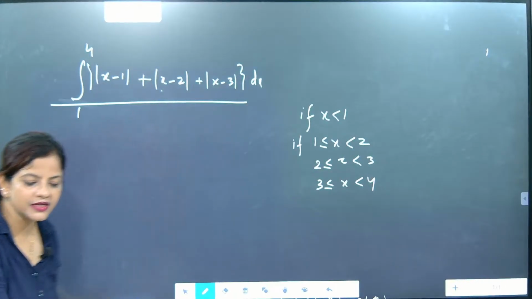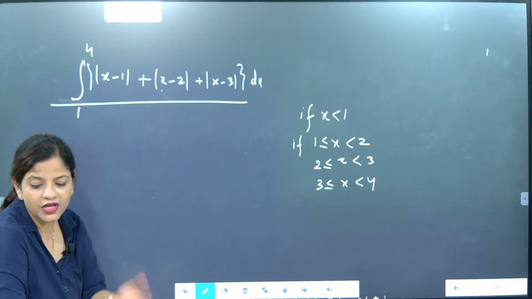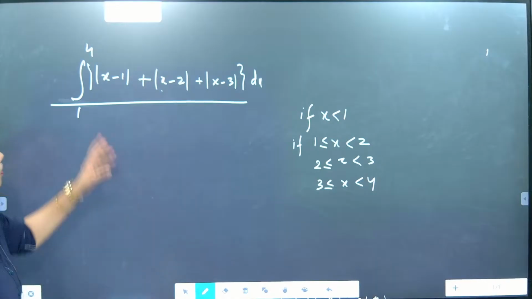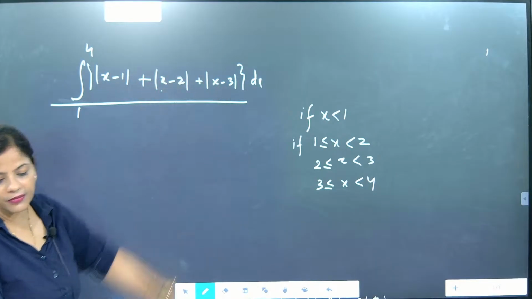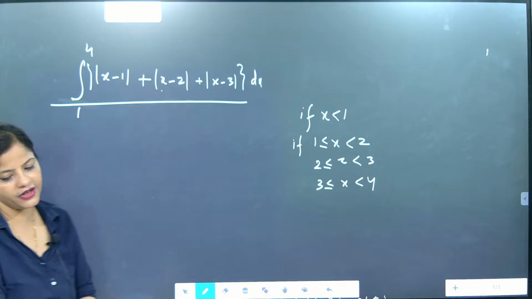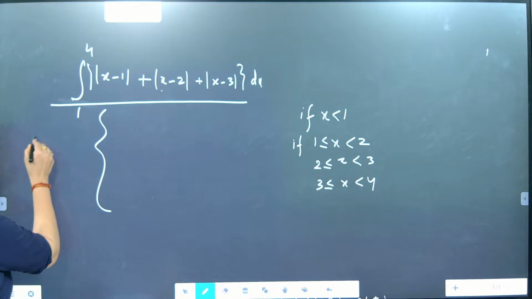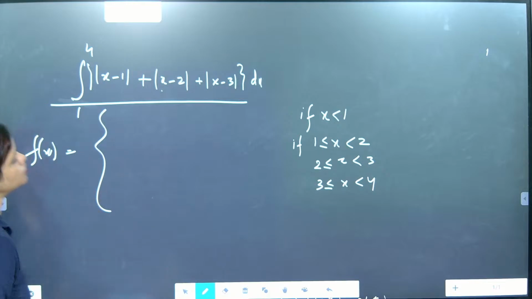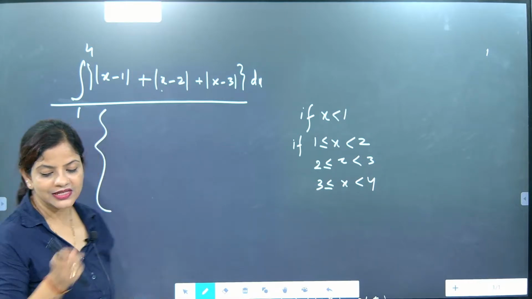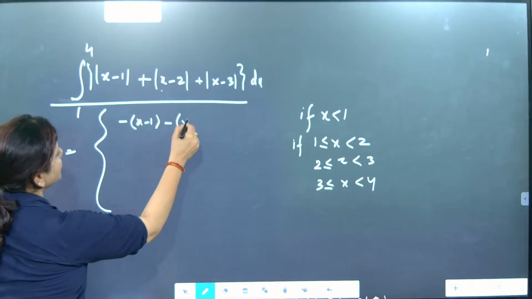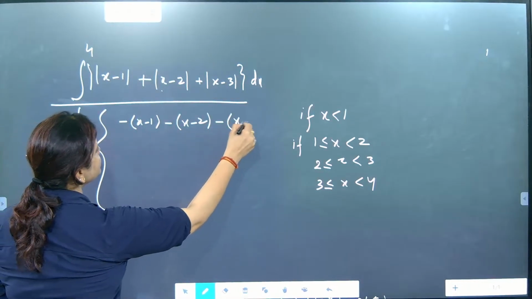That means when we put a value less than 1, all the internal numbers inside the modulus are negative. So what is the shortest way of opening it? We write f of x: the modulus values are negative when x is less than 1, so it will become minus (x minus 1), minus (x minus 2), minus (x minus 3).